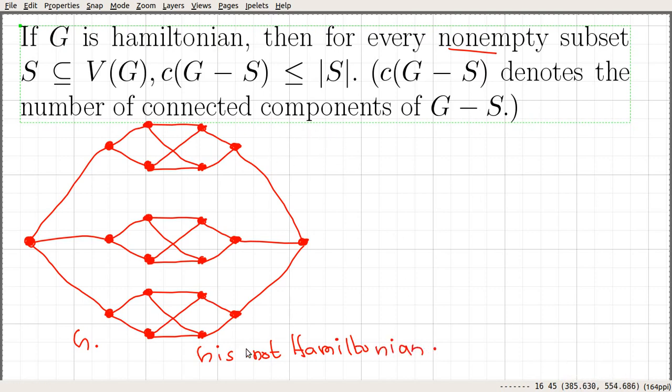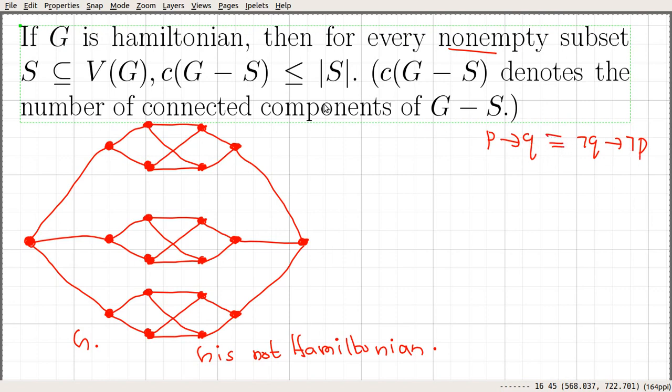Okay, so now to show that these kinds of graphs are not Hamiltonian, we will use the contrapositive of this statement. The contrapositive of a statement like P implies Q is negation of Q implies negation of P. These two statements are equivalent.